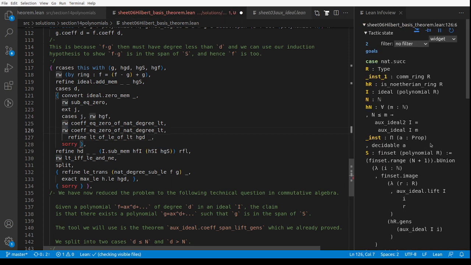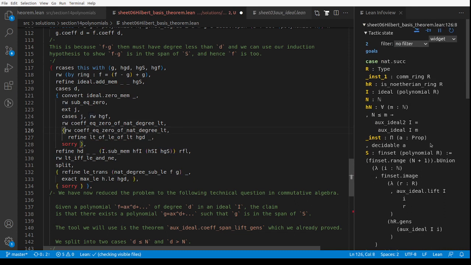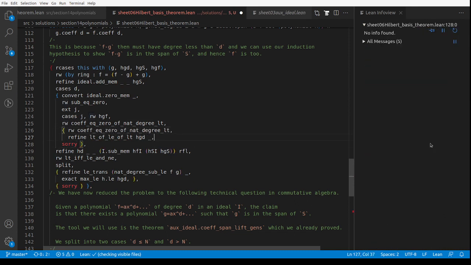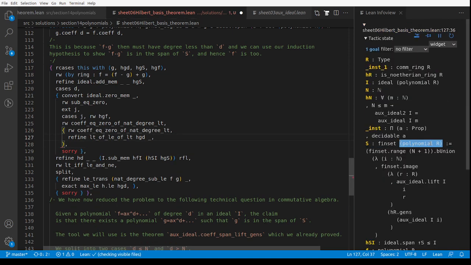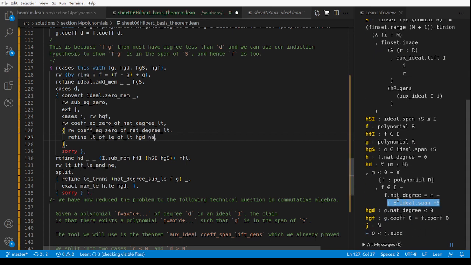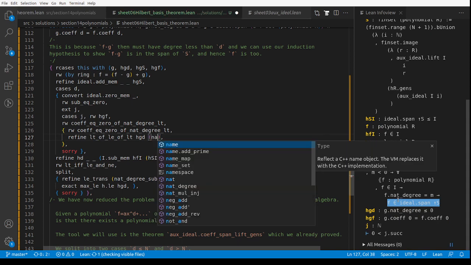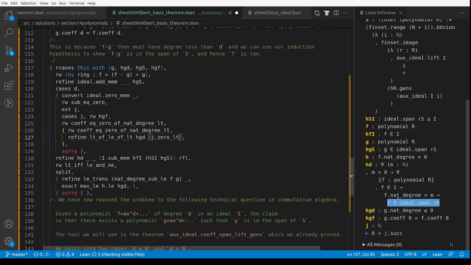I should really be doing these in a structured way. Did I have 2? Yeah, I've got 2 goals at that point. So let's do this properly. There. And now what? I've got to prove that 0 is less than. So that's probably called Nat.zero_lt_succ or something. Oh, it's probably called j.zero_lt_succ.